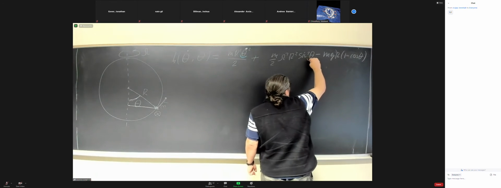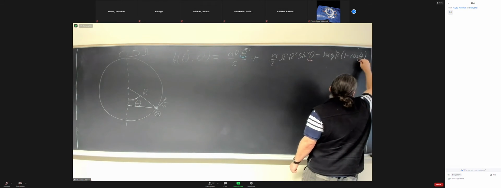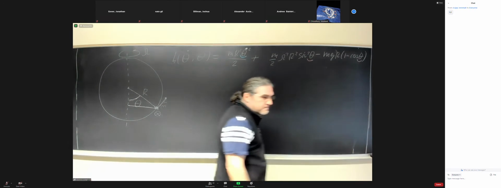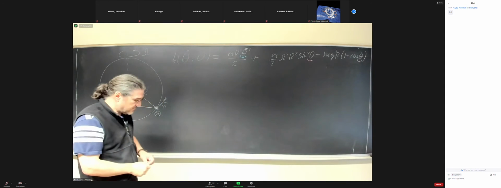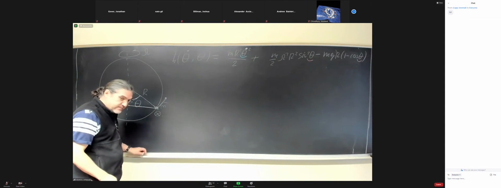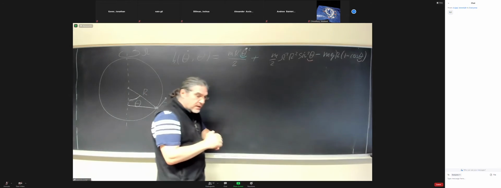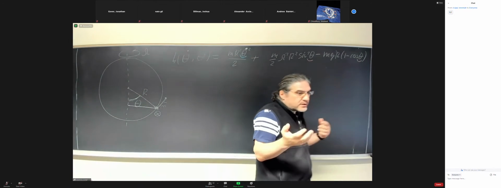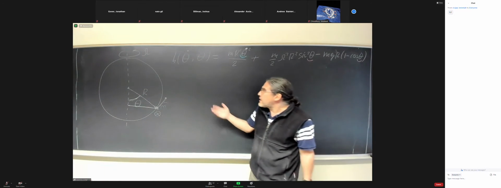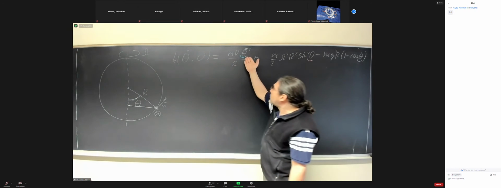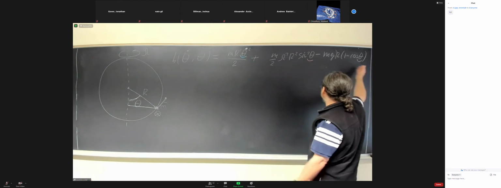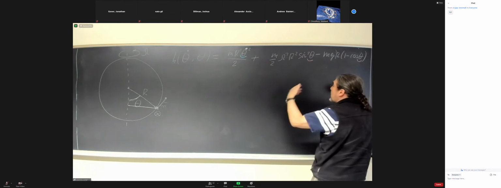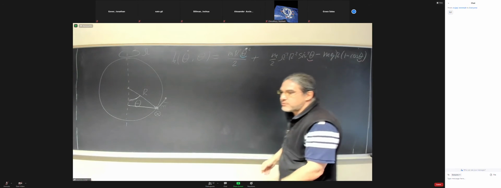I have theta here and I have theta here. That makes sense? Yes. So when I take the derivatives of the Lagrangian, I take the derivative with respect to theta dot of this term, and for all the rest of it I must take the derivative with respect to theta.